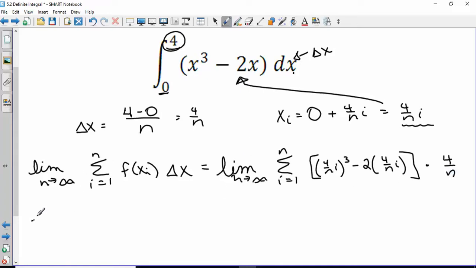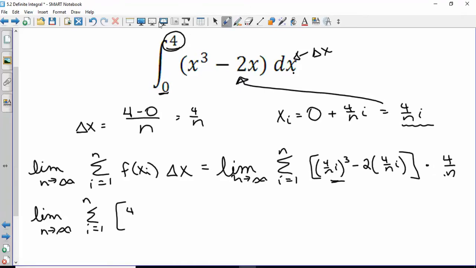Now we start simplifying this. We're not going to do the limit until the very end, so we have to work with the sum first. We definitely want to clean this up as much as we can. Can I cube and distribute my 4 over n at the same time? That's going to confuse you. So 4 to the third would be 64, times my other 4 would give me what? 256.